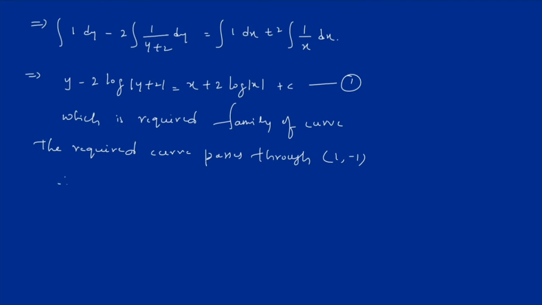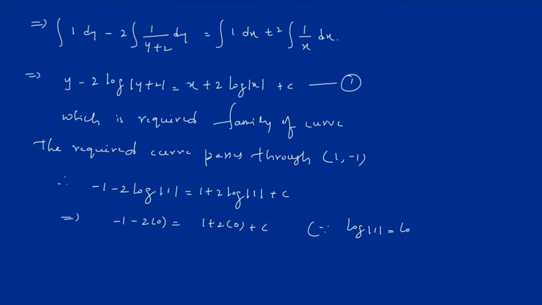So just substitute in equation 1, x equals 1, y equals minus 1. So it becomes minus 1 minus 2 log of 1, which equals 1 plus 2 log 1 plus c. So minus 1 minus 2 into 0 equals 1 plus 2 into 0 plus c, because log mod 1 equals log 1 which equals 0, right?